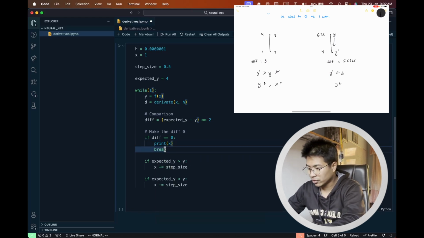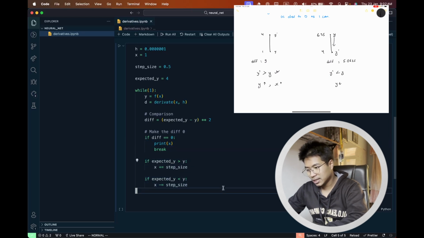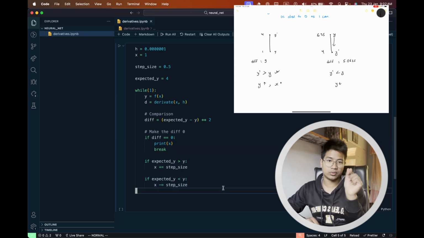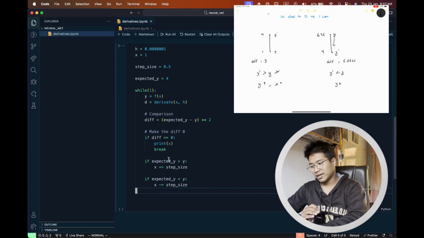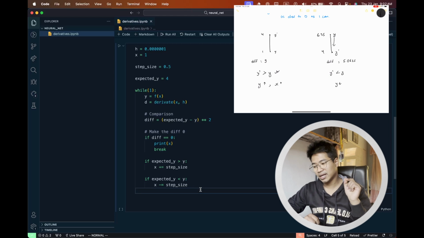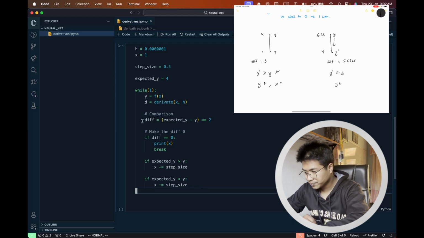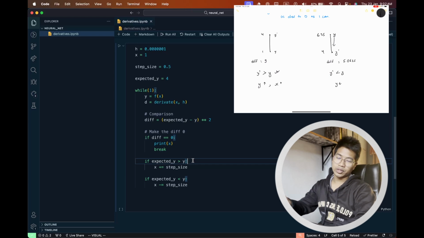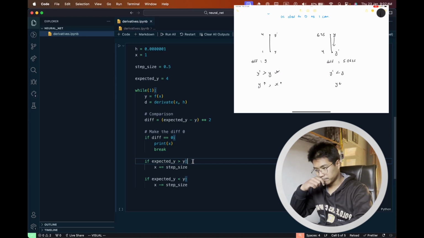So you need to break out of the loop, don't do anything below that. You don't need to adjust your x or y. If that is not the case, then adjust your x in the positive or negative direction, depending upon the derivative.